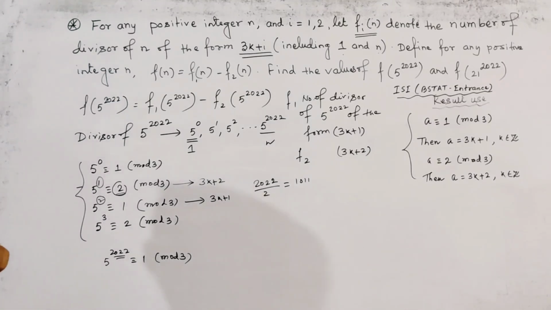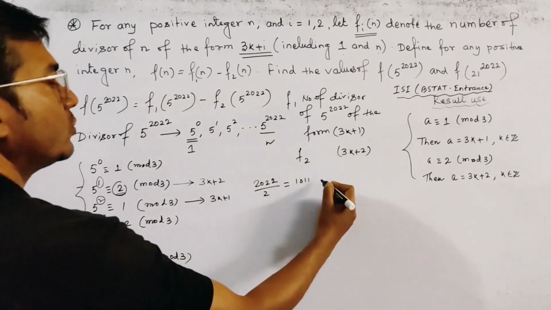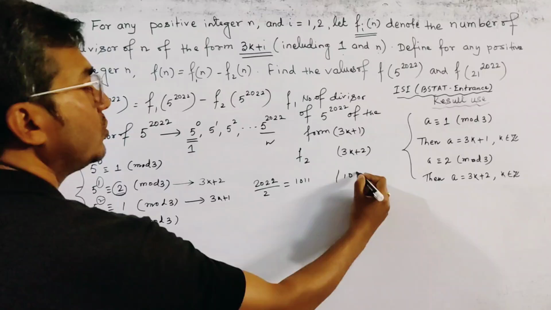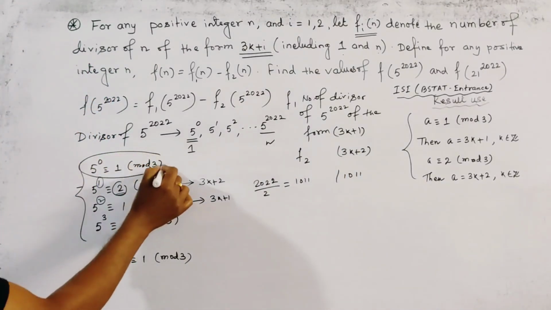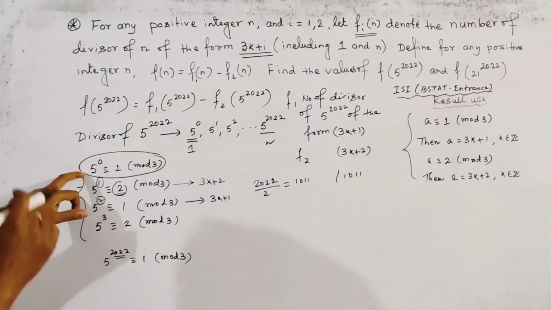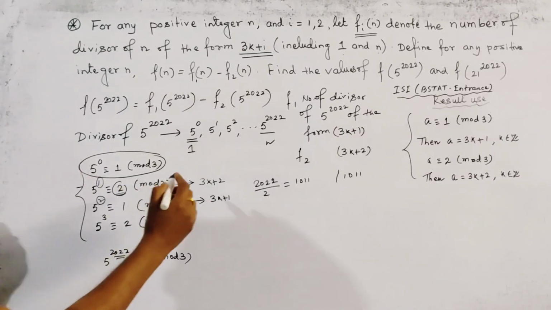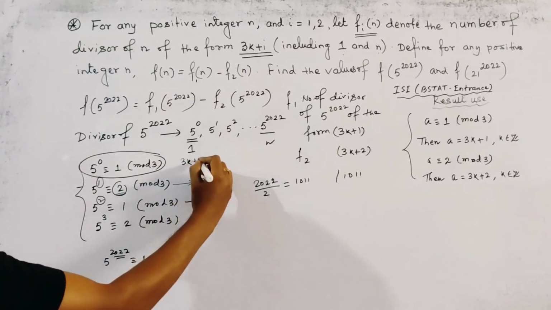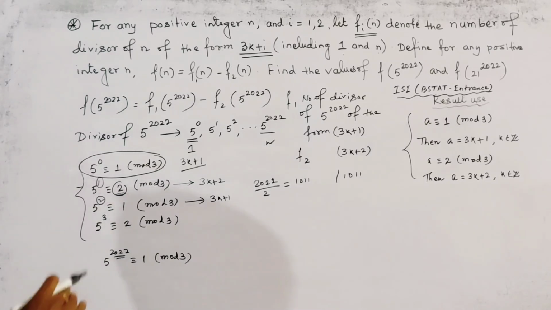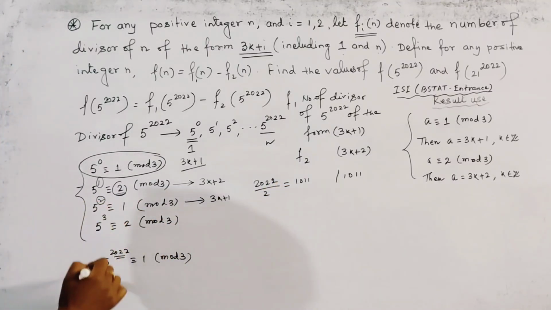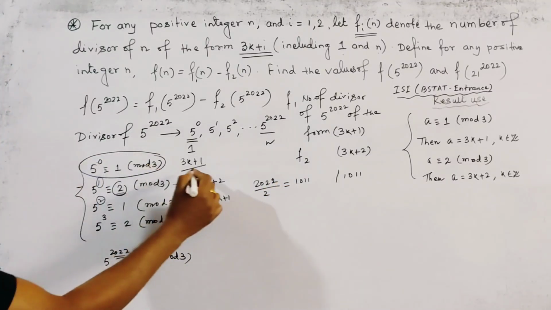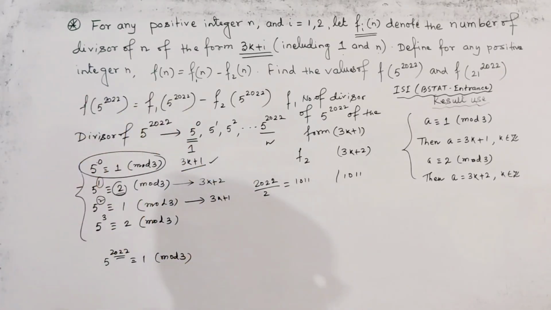And if we count the odd powers, we also get 1011. Again, from the 5 to the power 0 term, we get another divisor of the form 3k plus 1, because the remainder is 1 there also. So for the even powers, and also the 0 power, we get this type of remainder.